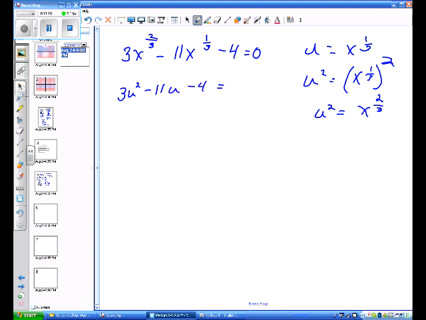Minus 4 equals 0. Now we could try to do this by factoring, but usually if I have a coefficient other than 1, I just go ahead and use my quadratic formula.